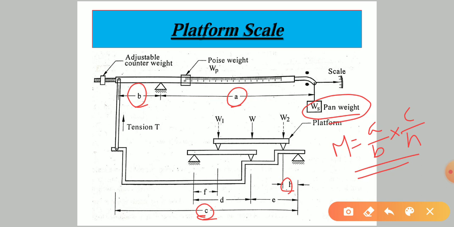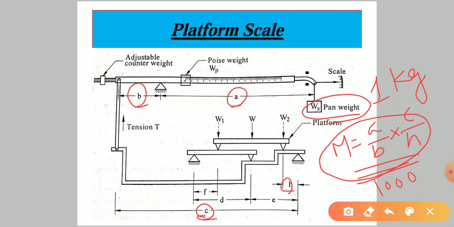Suppose the pen weight is 1 kg and the multiplication ratio is 1000. So what will happen? We can measure W up to 1000 kg just by changing the multiplication ratio.